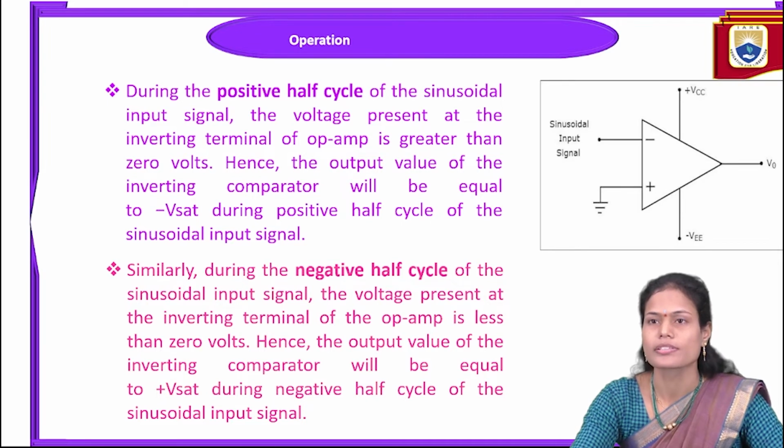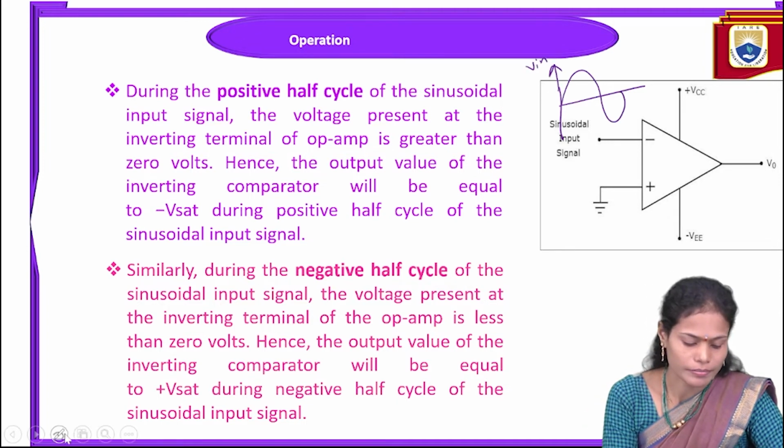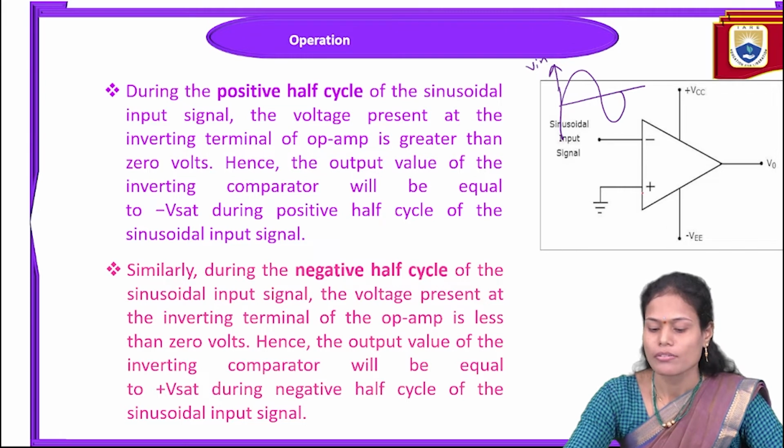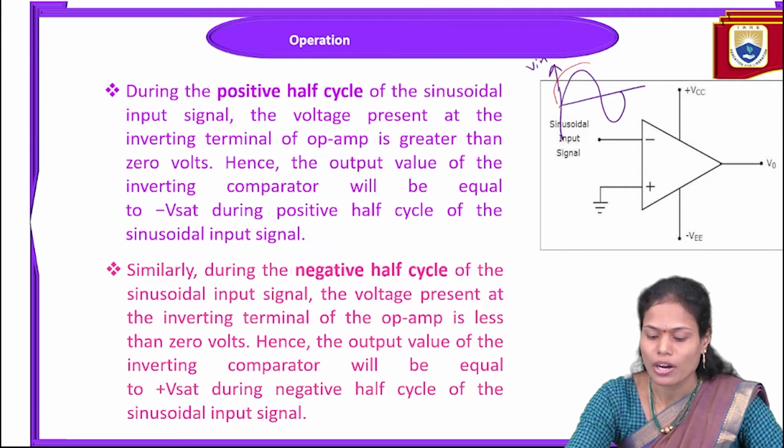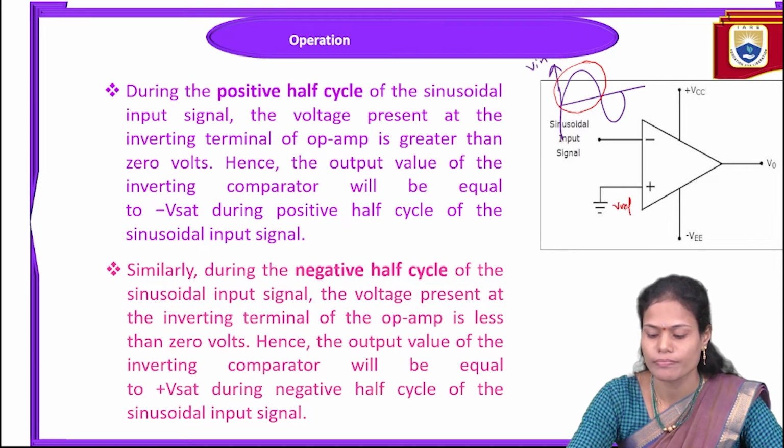So in this case, we are applying the positive half cycle as well as the negative half cycle of the input signal. I am taking only the positive half cycle of my input signal and V reference is 0.